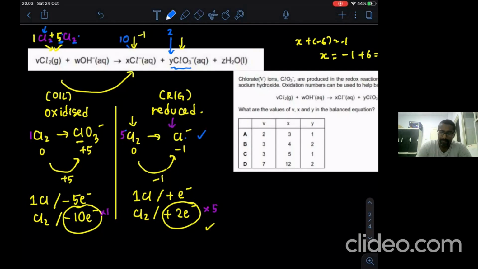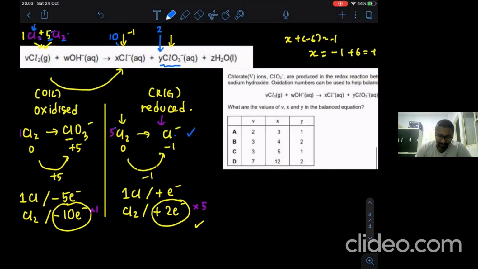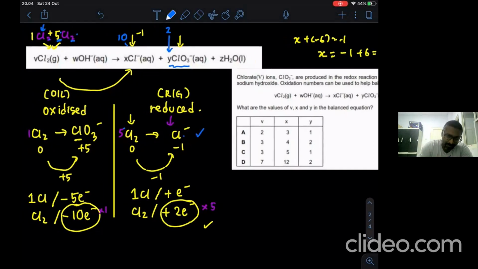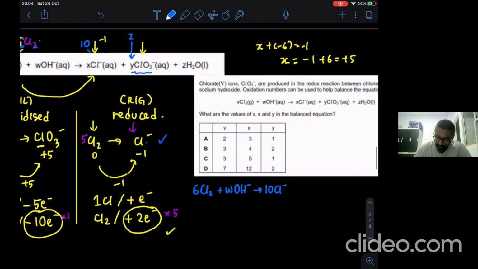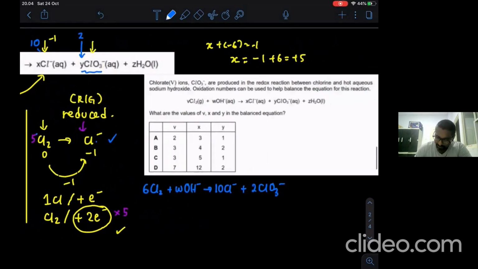If I rewrite again, remember Cl2 and Cl2, that's 1 plus 5, so 6 Cl2. I haven't found the OH minus yet, to give you 10 Cl minus plus 2 ClO3 minus, and we have not found the H2O.